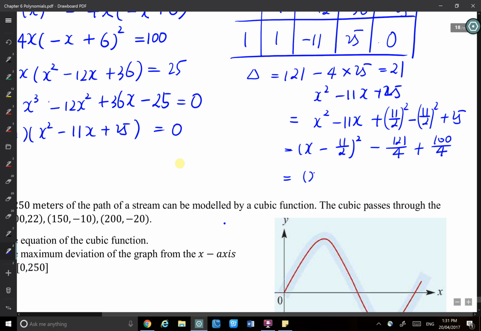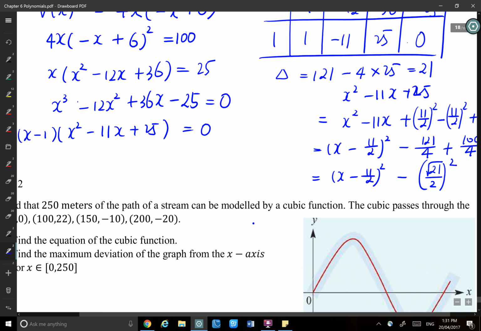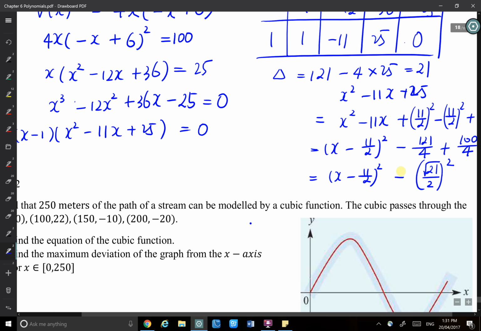That will be (x minus 11 over 2) squared minus 21 over 4. So 21 over 4 is root 21 over 2 squared. So that is (x minus 11 over 2 plus root 21 over 2) times (x minus 11 over 2 minus root 21 over 2) equals 0.